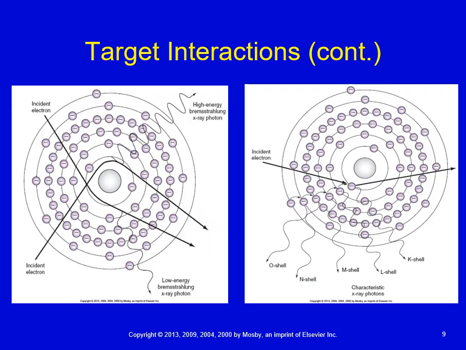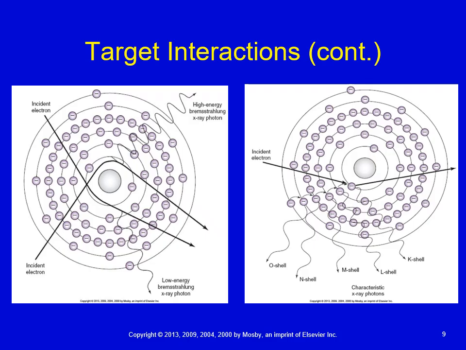If it pulls on it a lot, it's going to cause it to slow down and lose a lot more energy than if it traveled farther away from the nucleus. Even though it has a pull, if it traveled farther away from the nucleus, the pull is not as great, so it doesn't give up as much energy when it slows down and changes direction.